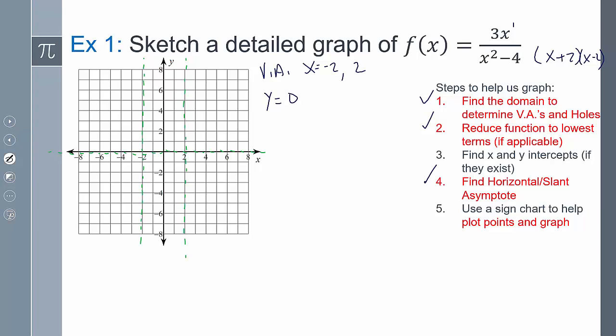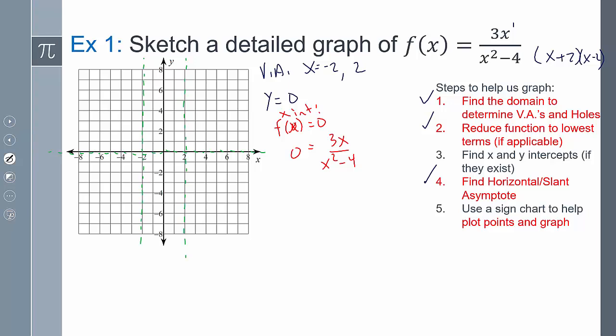Now finding x-intercepts. Remember, to find the x-intercept, you set your function equal to 0. So 0 equals 3x over x squared minus 4.